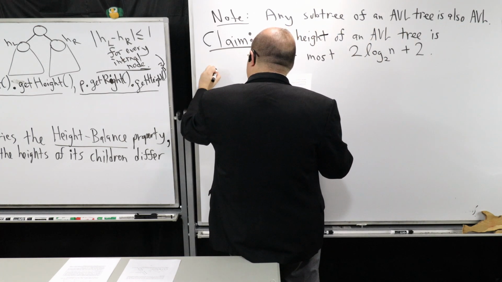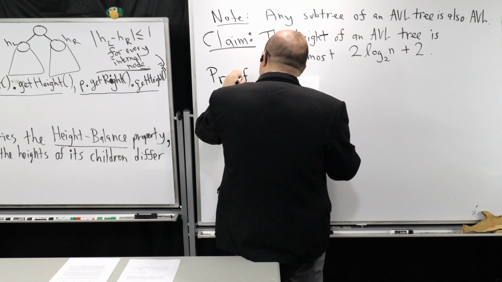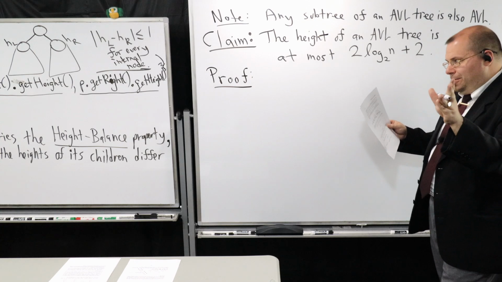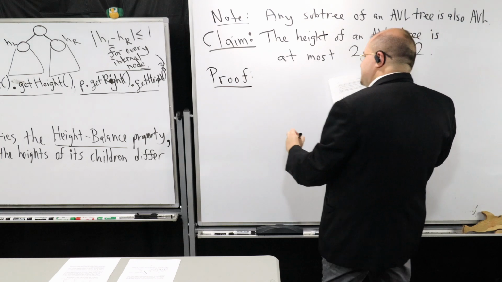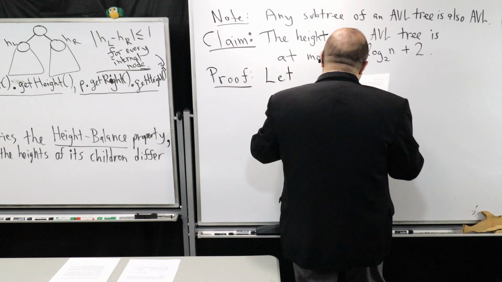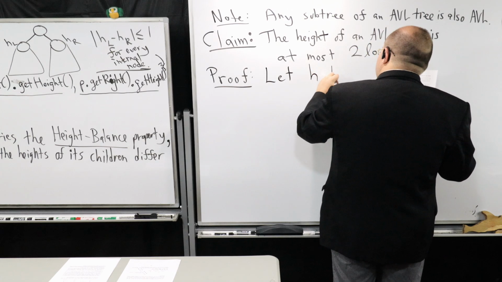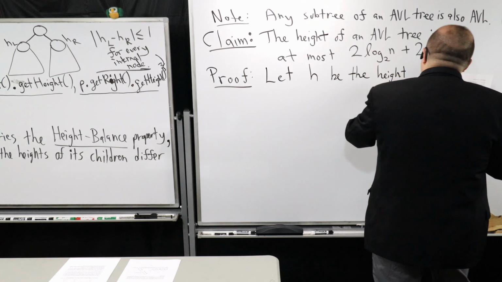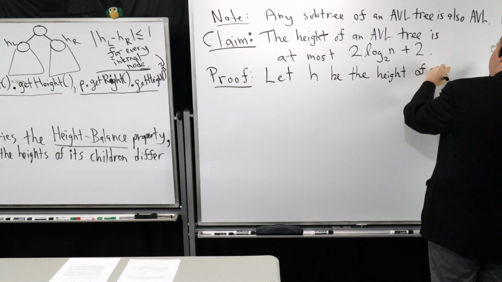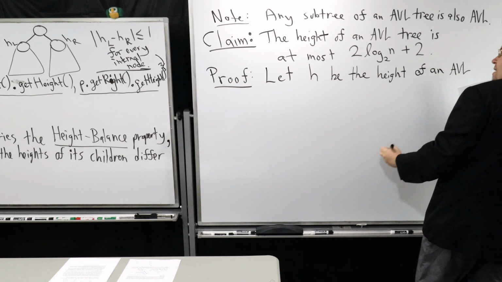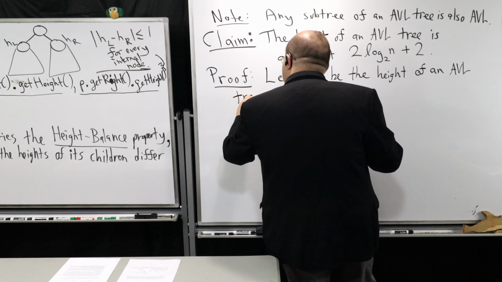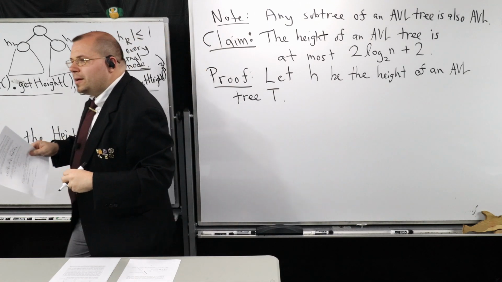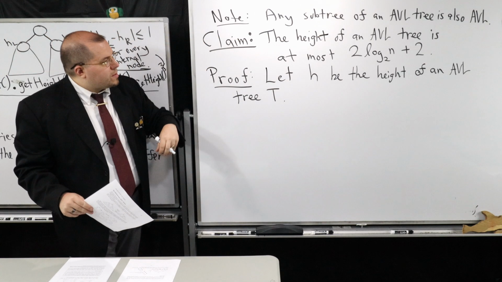We're going to be pulling out some properties that trees have to help us with this. I'm going to need your help doing this. So I'm going to start off with: let h be the height of an AVL tree, an AVL tree T. Now, question.